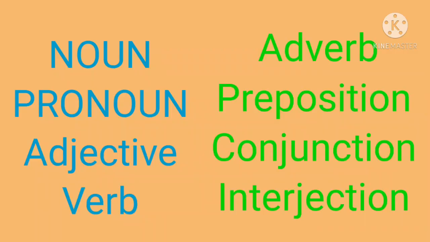And these 8 major parts of speech, I hope everybody would remember: noun, pronoun, adjective, verb, adverb, preposition, conjunction, and interjection. So these are the 8 parts of speech that constitute a very important section of English grammar.